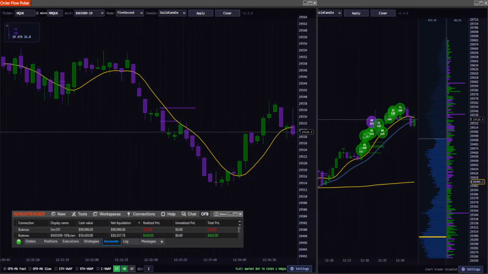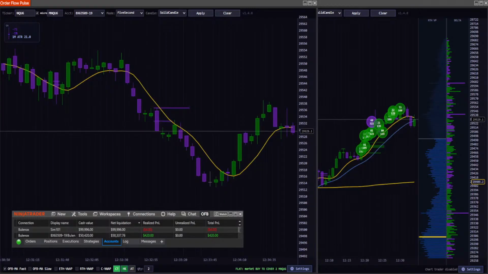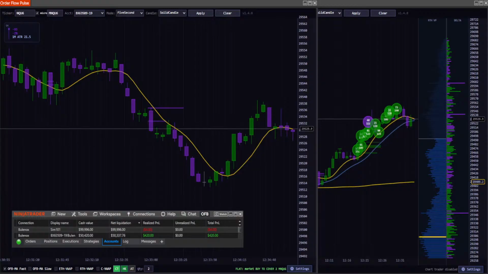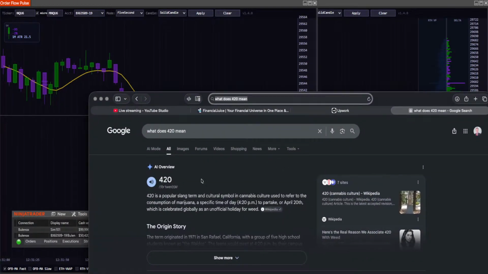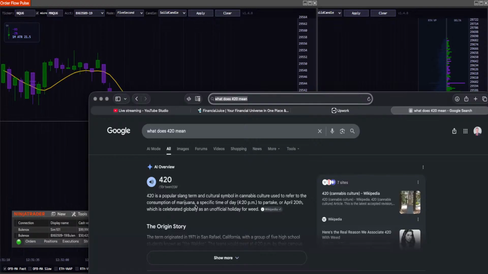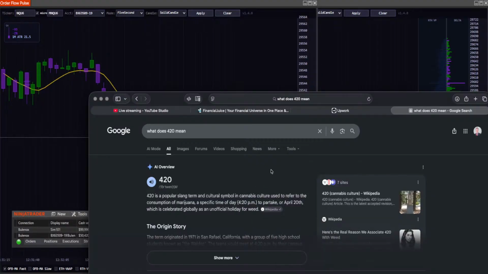What does 420 mean? Okay, it's right here. 420 is a popular slang term and cultural symbol in cannabis culture, used to refer to the consumption of marijuana at a specific time of day, 4:20 p.m., or April 20th, which is celebrated globally as an unofficial holiday for weed.